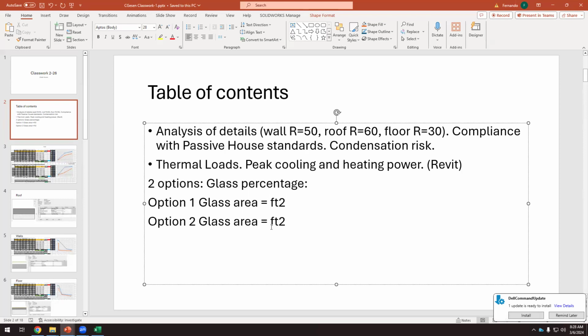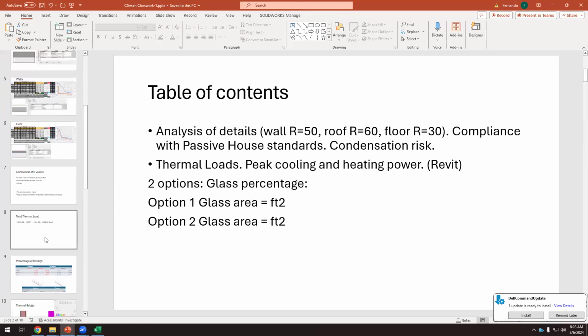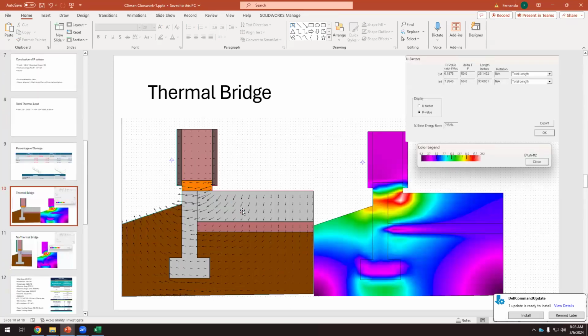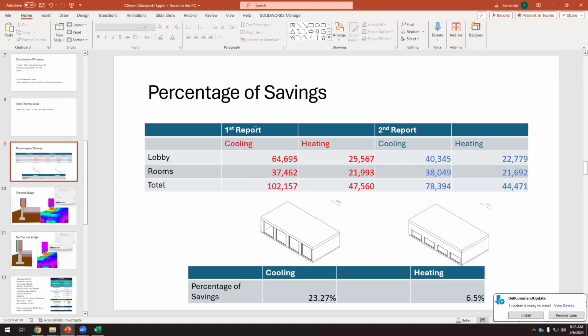And with this, what are the conclusions? Those are the conclusions. Okay, so it's the percentage of savings. With option 1, we have this peak cooling, we have this peak heating in the lobby, in the rooms, in the total. And with the second option, the only thing that is missing here is the glass area.